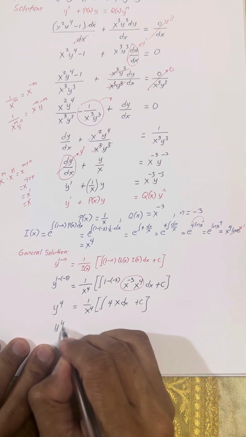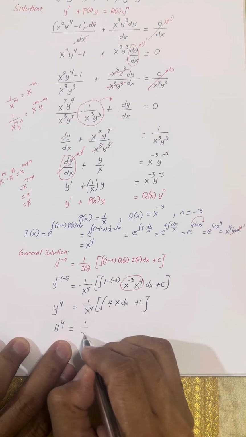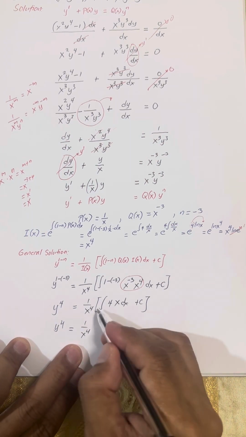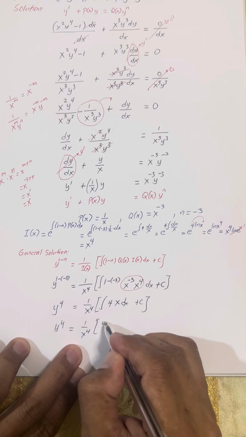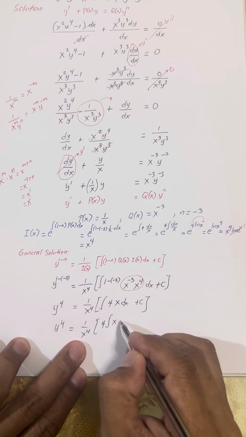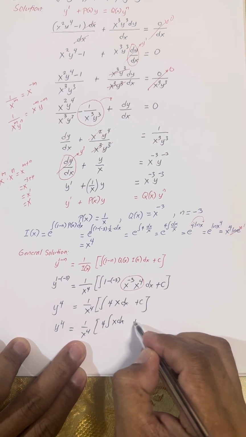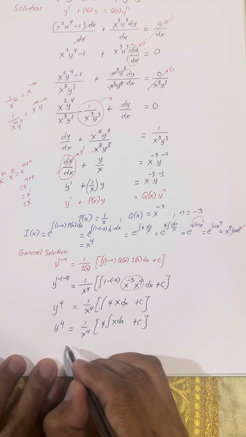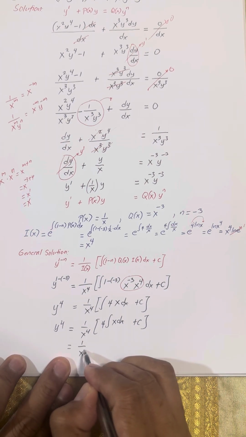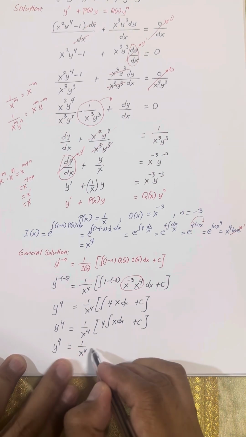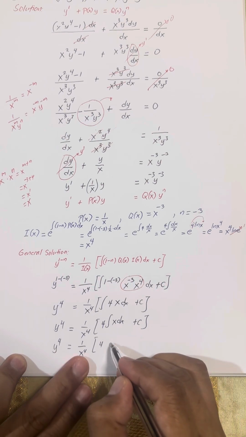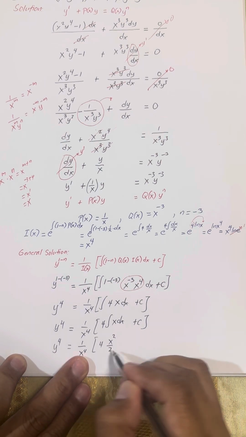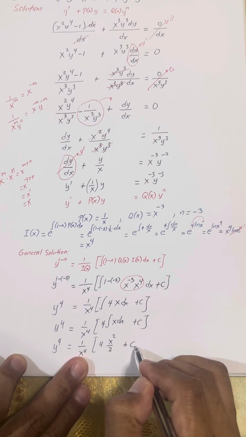Okay, so y to the minus 2 equal to 1 over x to the 4th, then put the constant outside, integrate x times dx plus c, then from the power formula, so this is equal to minus 2 times x squared over 2, then plus c.